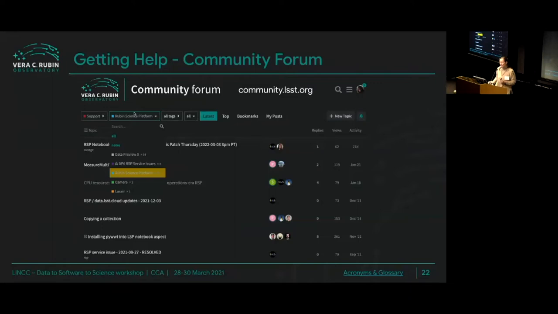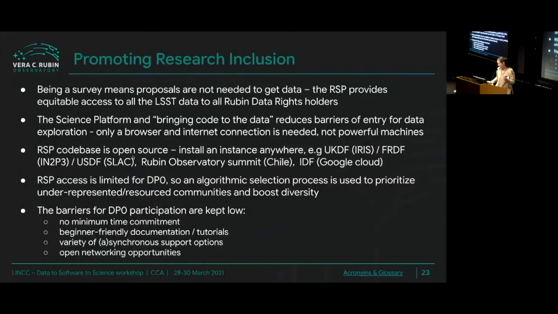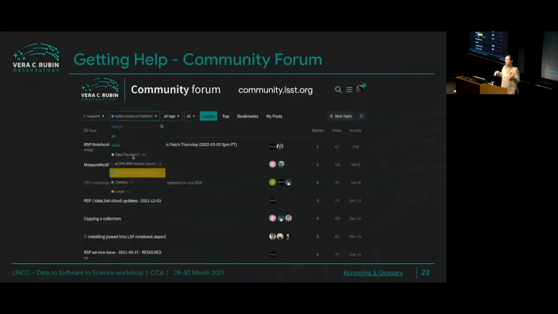If you select support Rubin Science Platform, there's also a support for DP0.2, DP0, data preview 0, sorry, all of the data previews. This is where you should go to ask questions, find out information, share information. We're building up a community here so that everyone can help everyone, rather than have a help desk, which typically ends up with bottlenecks. This open forum will help everyone to share their experiences and for the community to help each other.